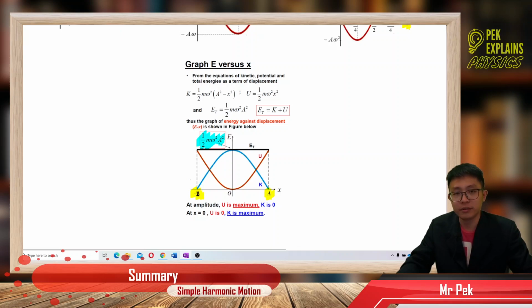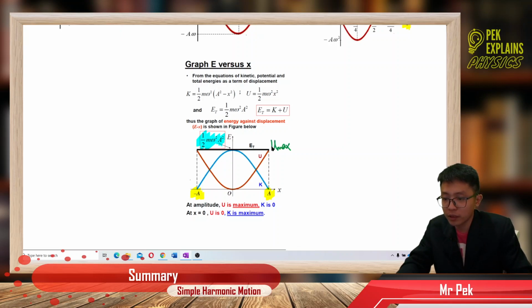Maximum compression at negative amplitude also has maximum elastic potential energy. So you see, at U max, it is equal to E total. It touches the E total line.